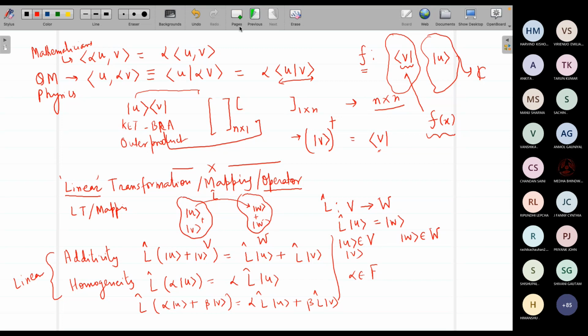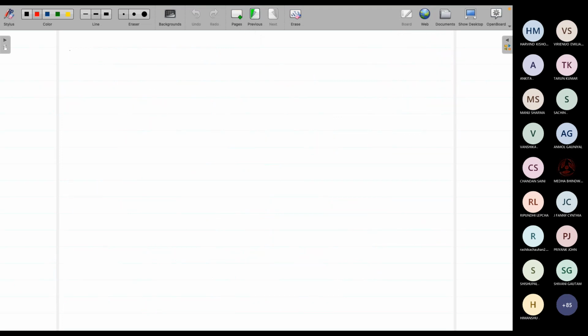Now, what is a linear operator then? Linear transformation and mapping is this. A linear operator is a very restrictive branch of the linear transformation, which I am going to define by operator T, but all it means is that it takes us from the same space to the same space. What does that mean? I may have a vector u and I apply this T and it may become u prime.